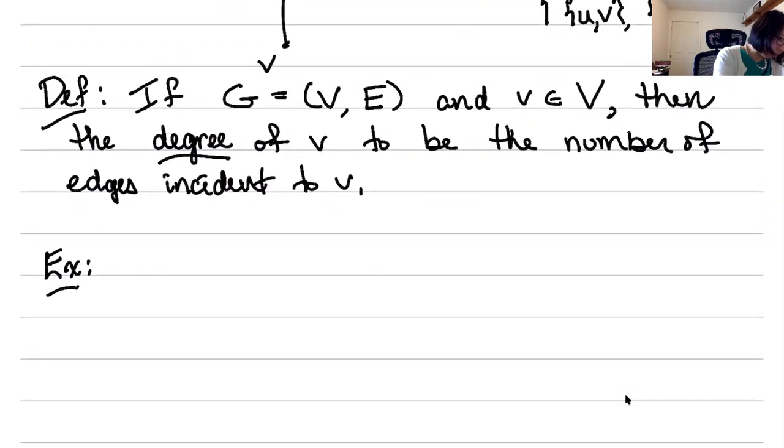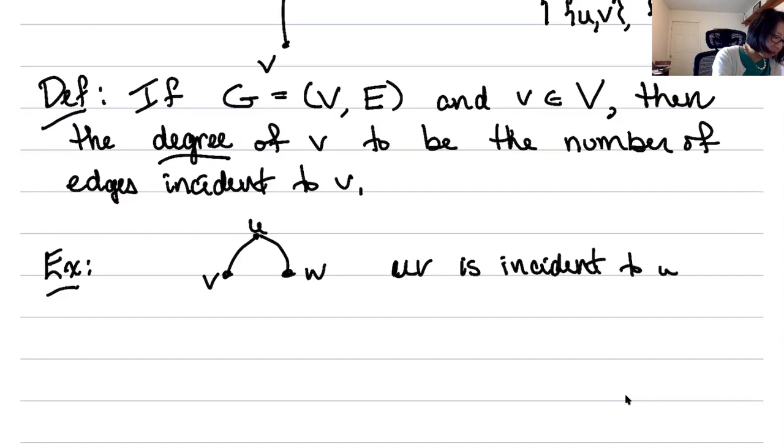So for example, in that graph we had above, I'll just draw it for you. So here's U, V, and W. The edge UV is incident to U and to V. The degree of U is 2 because there are 2 edges incident to it, the edge UV and the edge UW.